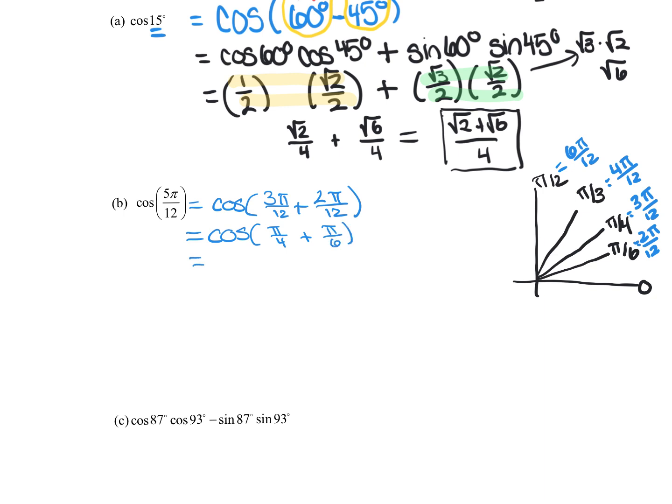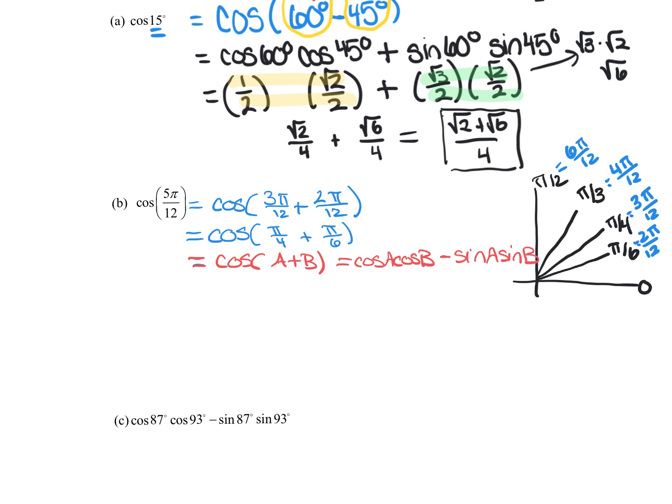Oops, I'll write that in a different color. Hang on. This is the same thing as cosine of A plus B, which we know is cosine A, cosine B, girly thing changed to a minus, sine A, sine B.